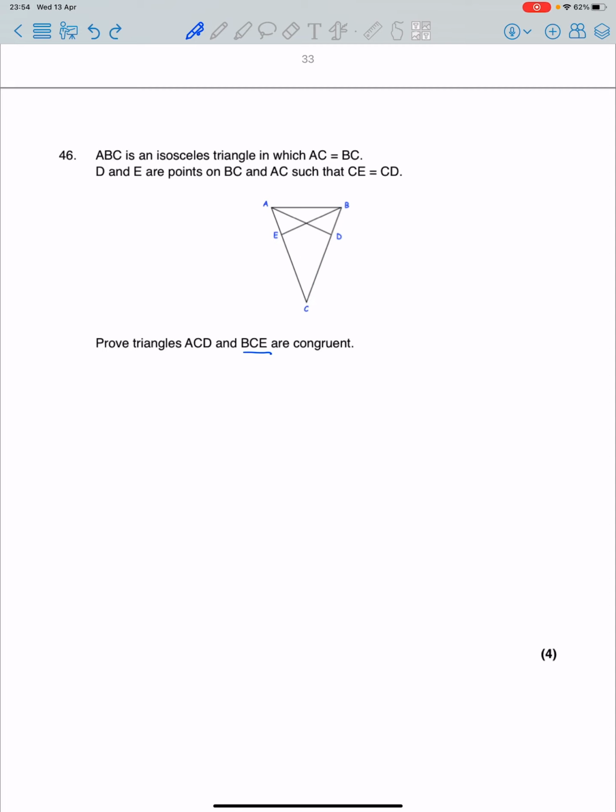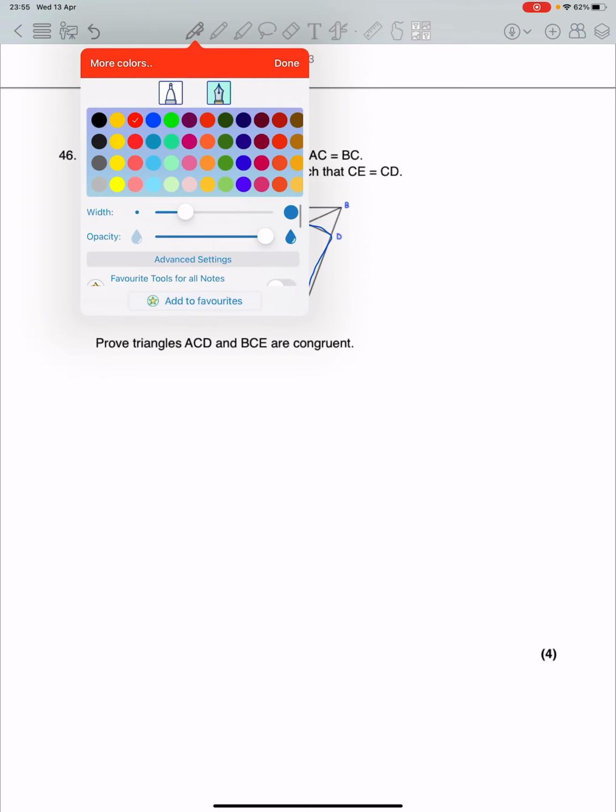Okay, so let us do that. What would we have to write to get these marks? Well, what we could say at this stage, ACD and BCE. Let's just color over ACD in blue and do the other one, BCE, in red.